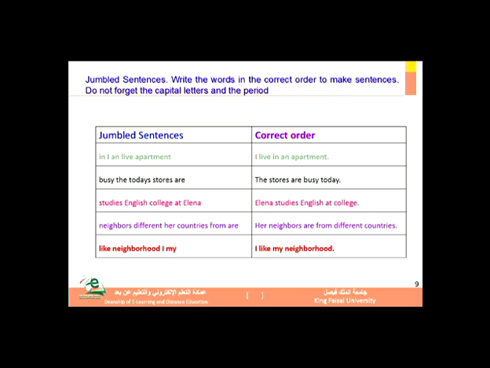So, if we try to do the first sentence: I live in an apartment. We start with the subject, I, then we moved to the verb, live, then the preposition, in, then the noun, an apartment. So, I live in an apartment.